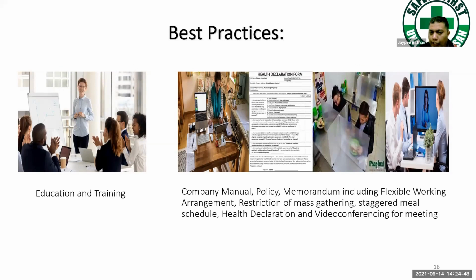Company manuals, policies, and regulations, including flexible working arrangements, work from home, restriction of mass gatherings, staggered meal schedules, the health declaration, and video conferencing for meetings, including the best practices during a pandemic.